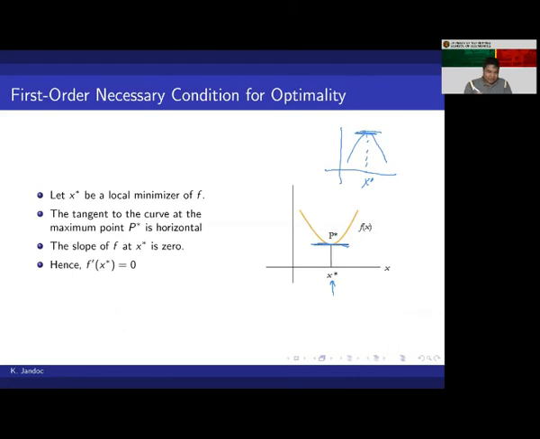The same when it's a minimizer, the slope here is also horizontal. Pardon me, this should be minimum, but you see the point. Whether it's a maximizer or minimizer, at x star the slope of the tangent line is horizontal, so in those cases f prime of x star is equal to zero.